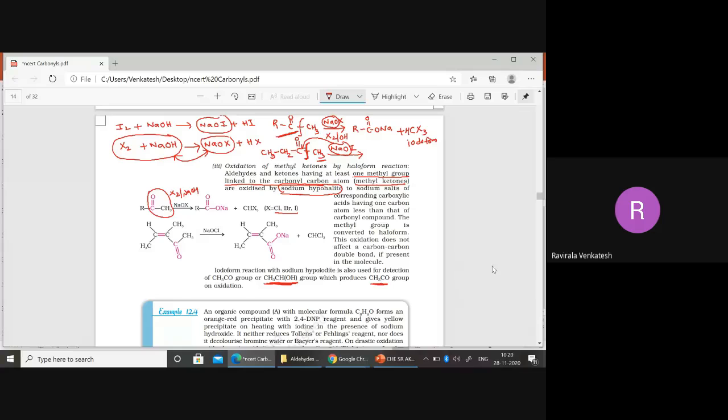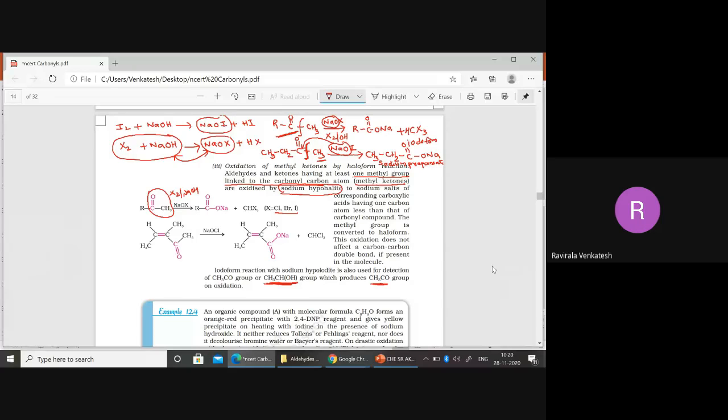What are we going to get here? CH3, CH2, C double bond O, ONa. The name of this one is sodium propanoate, since there are three carbons.